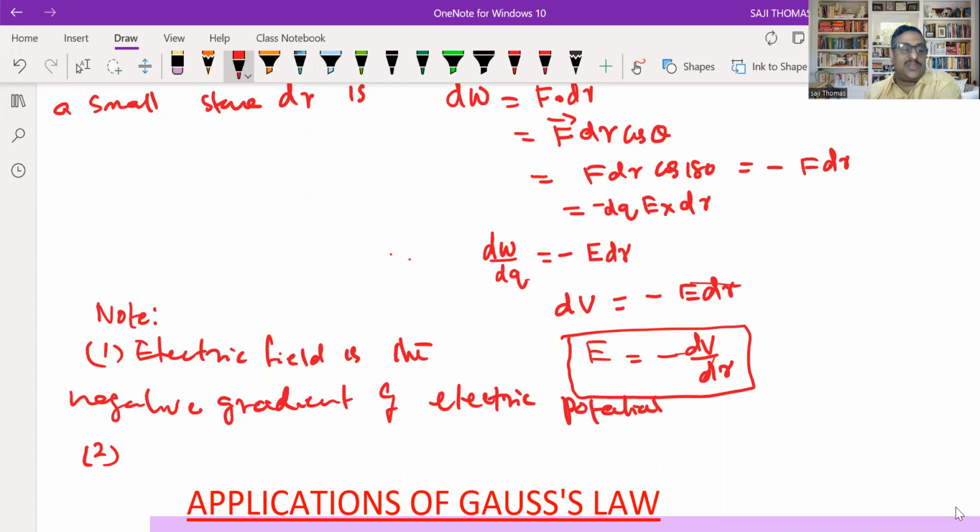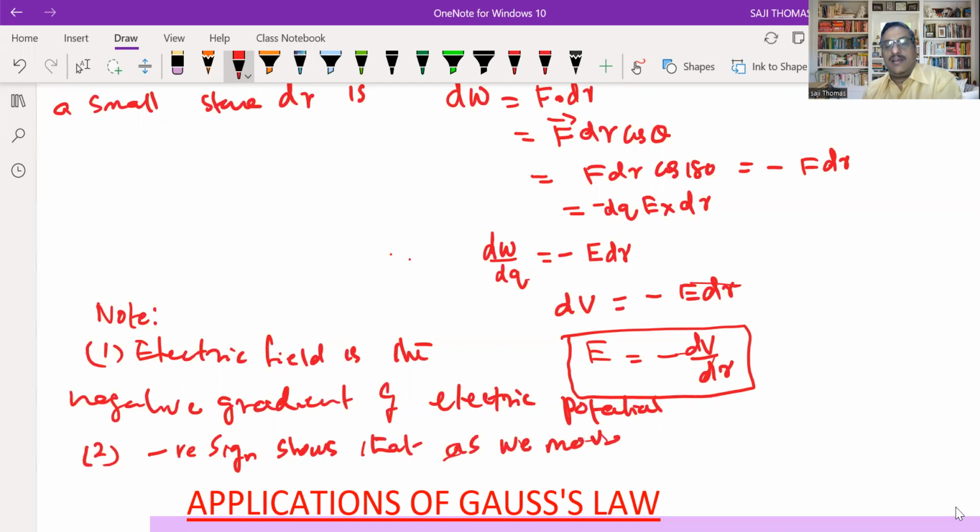So a negative sign shows that as we move in the direction of electric field, potential decreases.